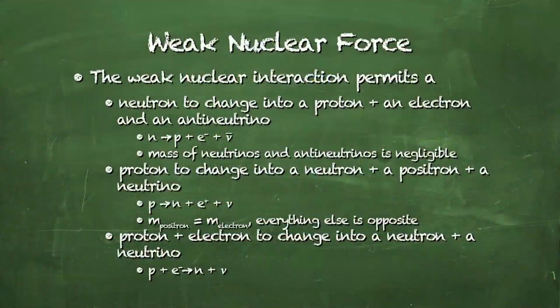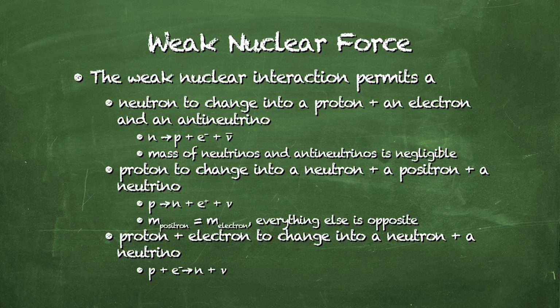The weak nuclear force, or more precisely, the weak nuclear interaction, permits three different reactions to happen. You'll see that all three of these reactions are related to one another. The first of them is that a neutron can change into a proton plus an electron and an anti-electron neutrino, as you can see in this reaction.